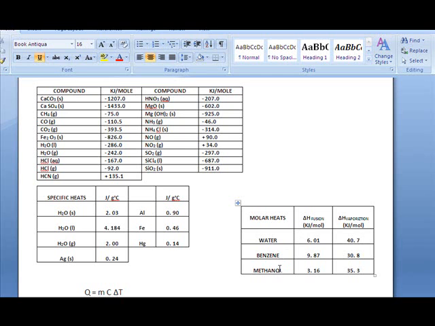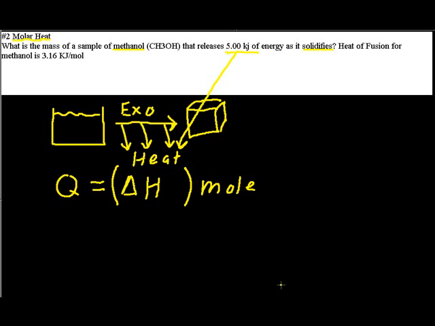If we were vaporizing it, then the delta H of vaporization would be used, which would be here. But since we're turning it to a solid, we're going to use the heat of fusion value, which is 3.16. So we're going to use the delta H of fusion.